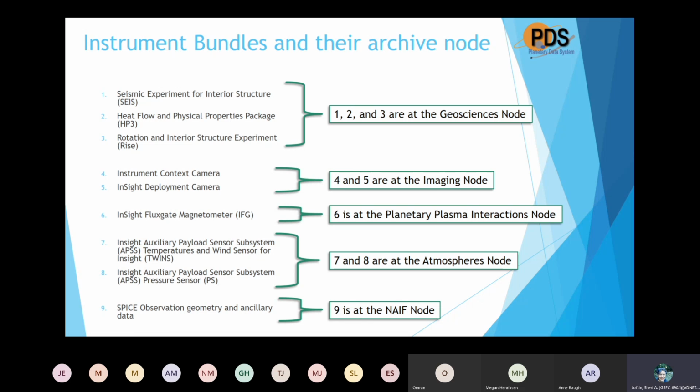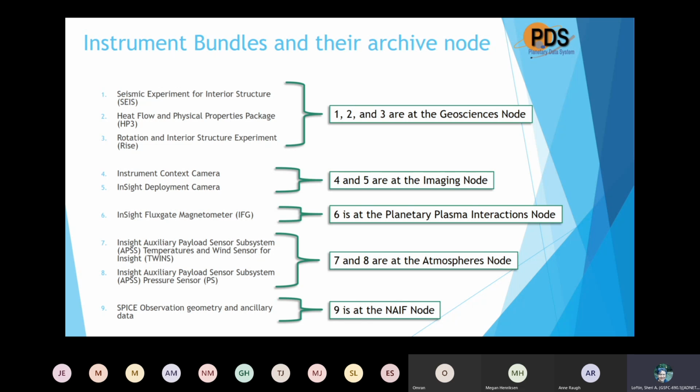One of the things also is that this may look intimidating, but even if your mission is spread across several nodes, the PDS main search allows for search by mission. So you don't necessarily have to keep track. I mean, you want to know which node personnel you're talking to, but if you wanted to tell somebody where to find your data, you don't actually have to keep track of what node it's at to tell them what website to go to search for it.